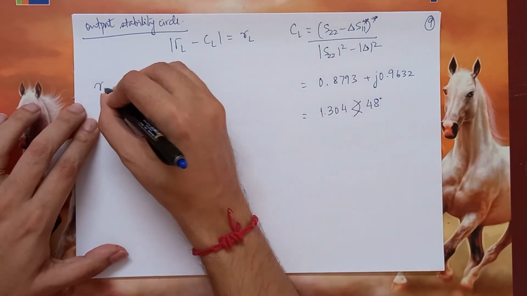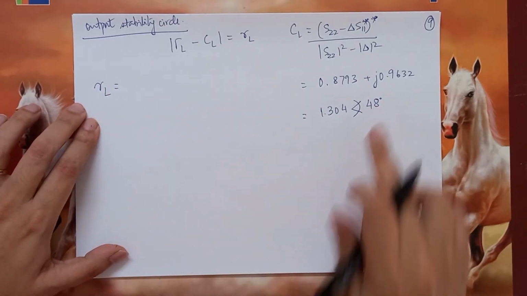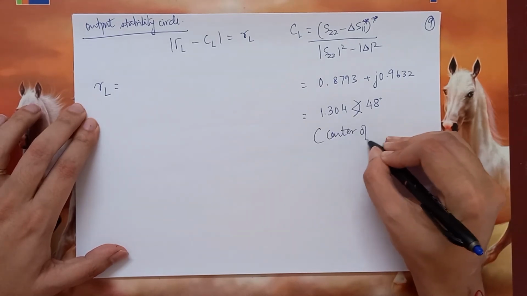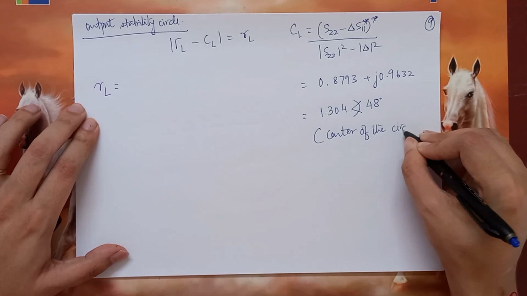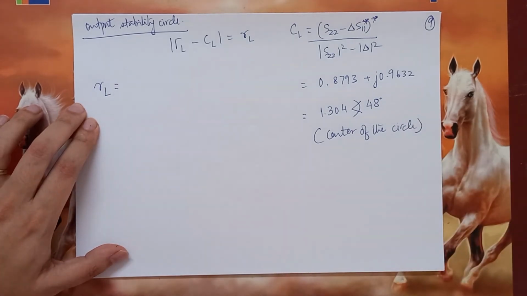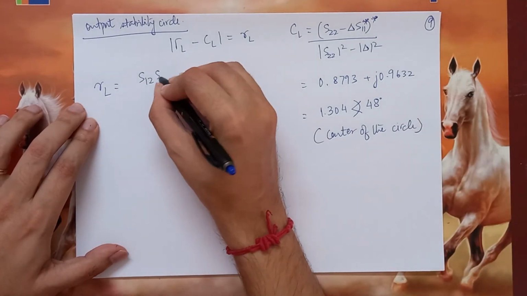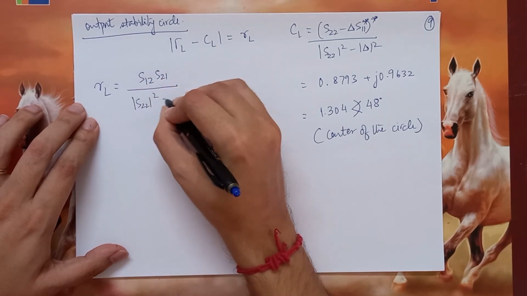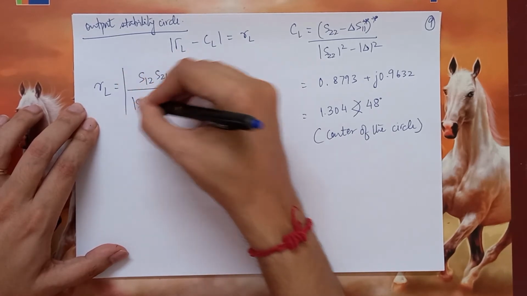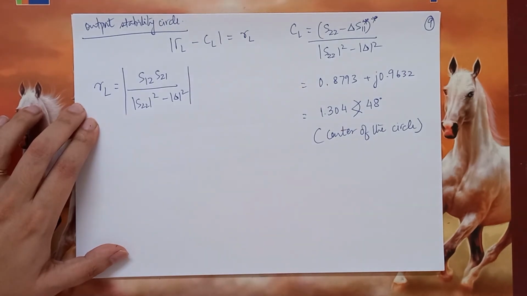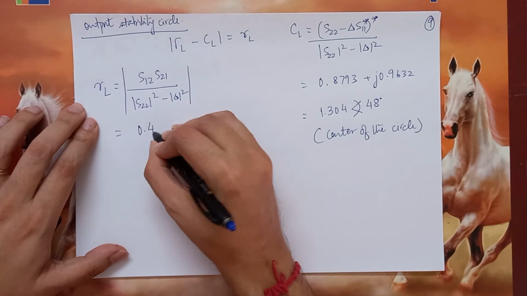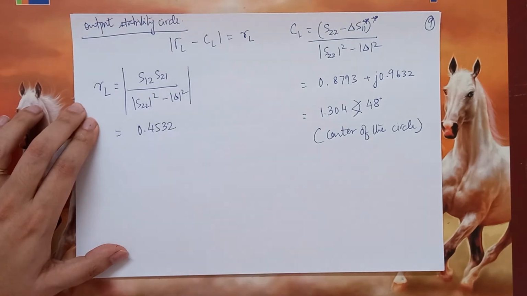And the radius of the circle RL. This is the center of the circle. And RL is given as S12 times S21 divided by mod of S22 square minus mod delta square, the whole mod. And that comes out to be 0.4532.